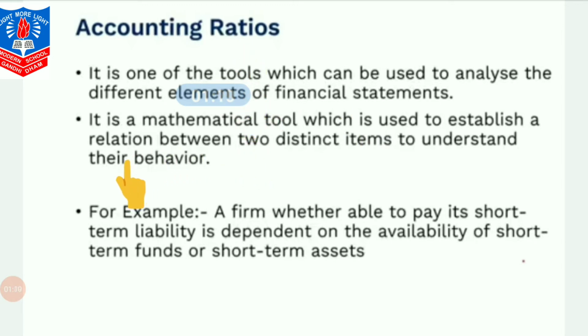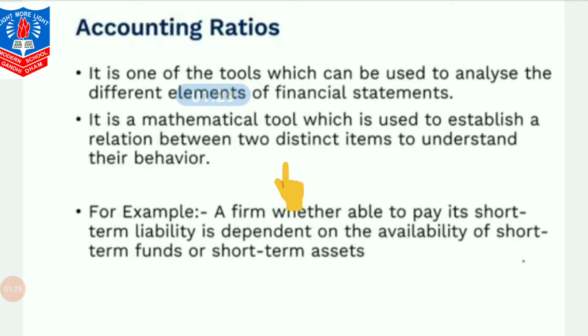It is a mathematical tool used to establish a relationship between two distinct items to understand their behavior, or in simple words, a relationship between two accounting figures expressed mathematically.